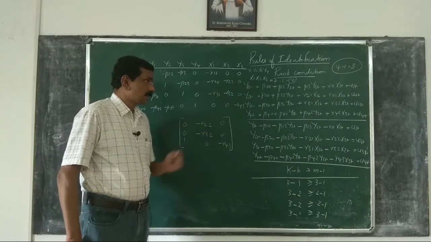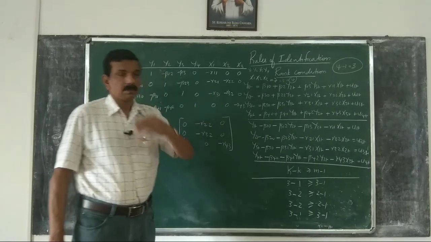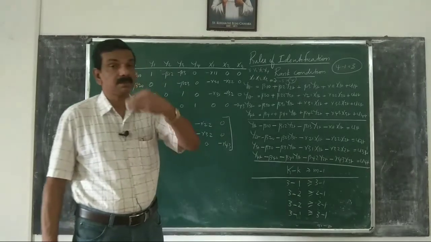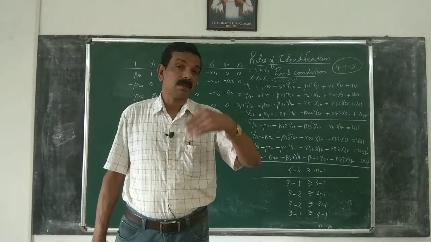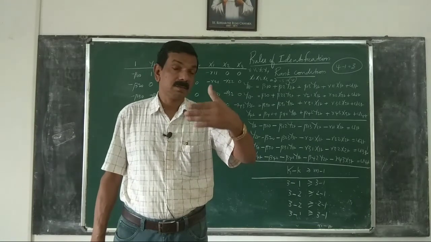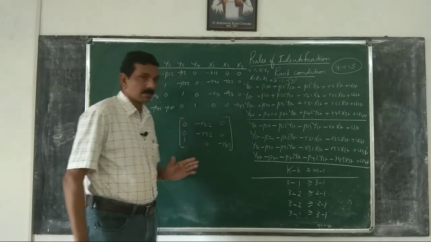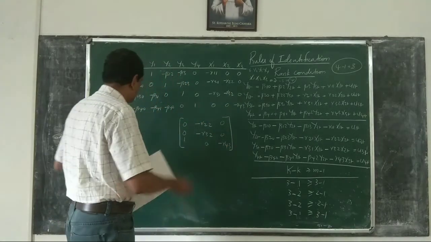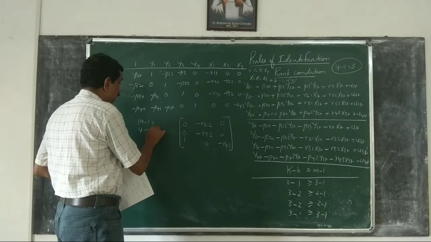Now the question is, is the determinant of this matrix not equal to 0, or is the rank of this matrix equal to m minus 1? This is a system with 4 equations, so m minus 1 is equal to 4 minus 1, which is 3.